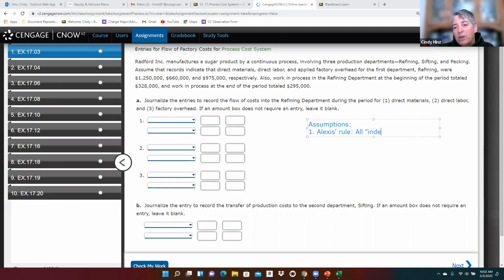I'm going to call them "ingredients," but I'm putting that in quotation marks because we're manufacturing a product. It may not necessarily be a food product, even though I use food products as an example quite regularly, because I think people can generally relate to that. So all ingredients are added at the beginning of the production process.